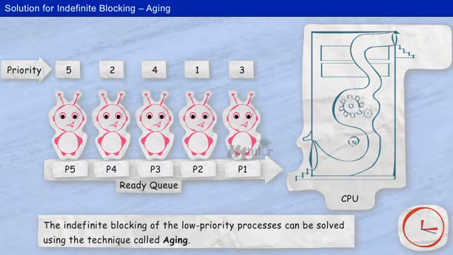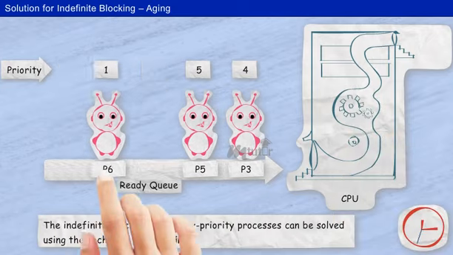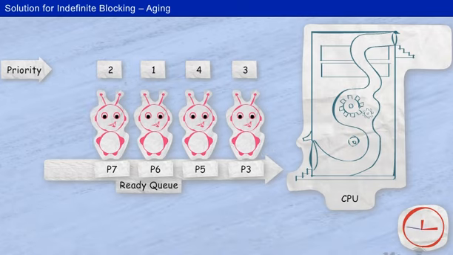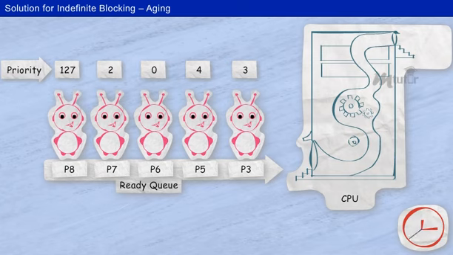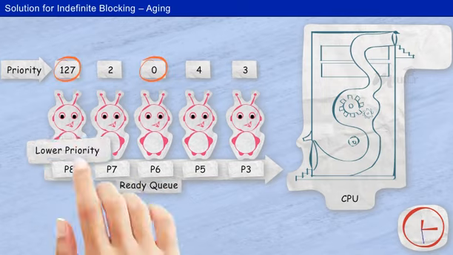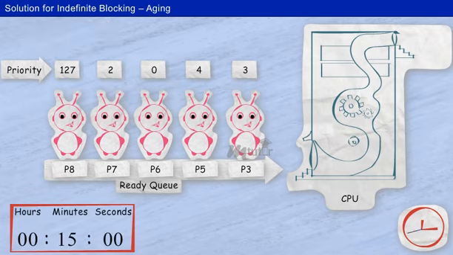The indefinite blocking of the low priority processes can be solved using the technique called aging. In aging, the priorities of the low priority processes are increased gradually based on the period of time they wait in the ready queue. For example, consider a priority range from 127 to 0 in a system in which 127 is the lower and 0 is the higher priority. Here, the priorities of the low priority processes are increased by 1 after every 15 minutes.